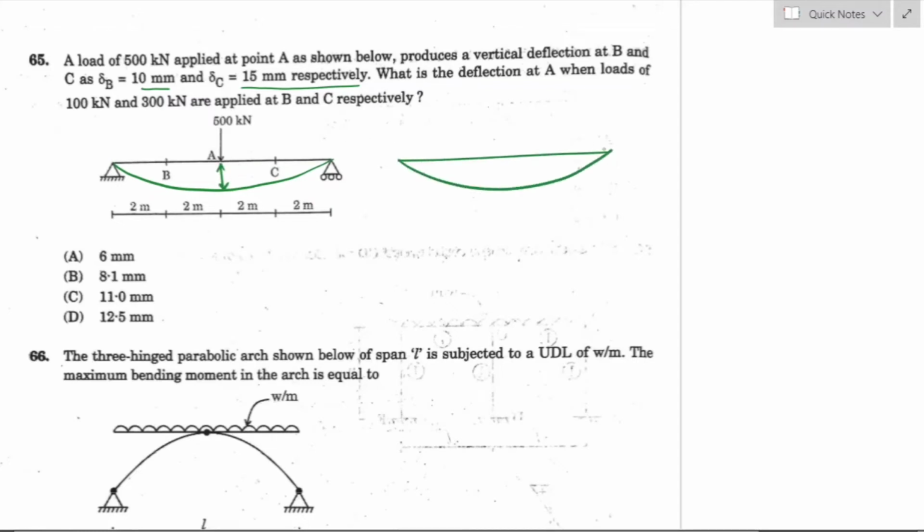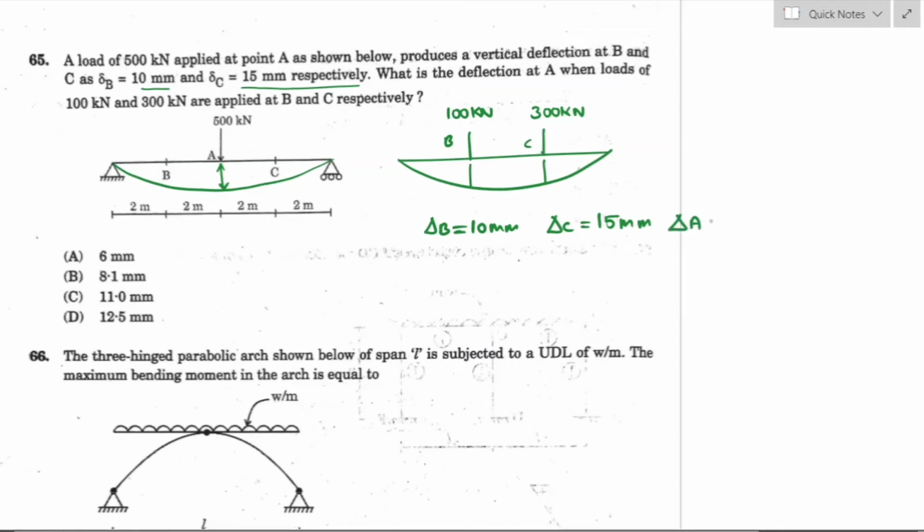When the load of 100 kN at point B is applied, its deflection delta B is equal to 10 mm. And when the load of 300 kN intensity is applied at point C, its corresponding deflection at point C is 15 mm.